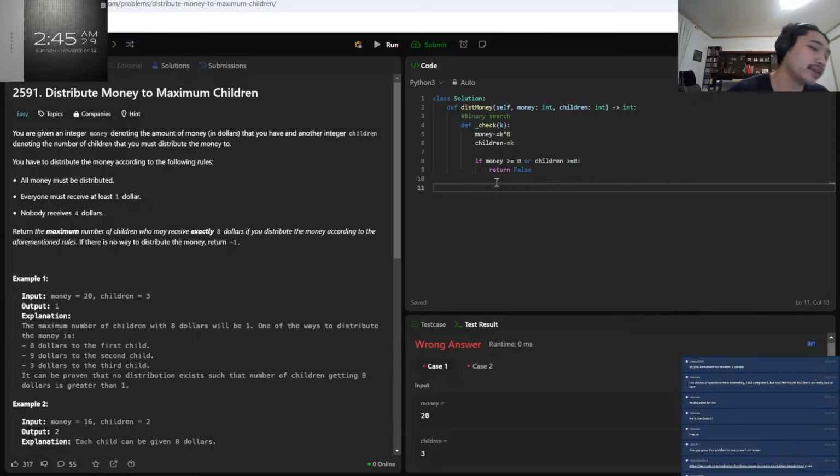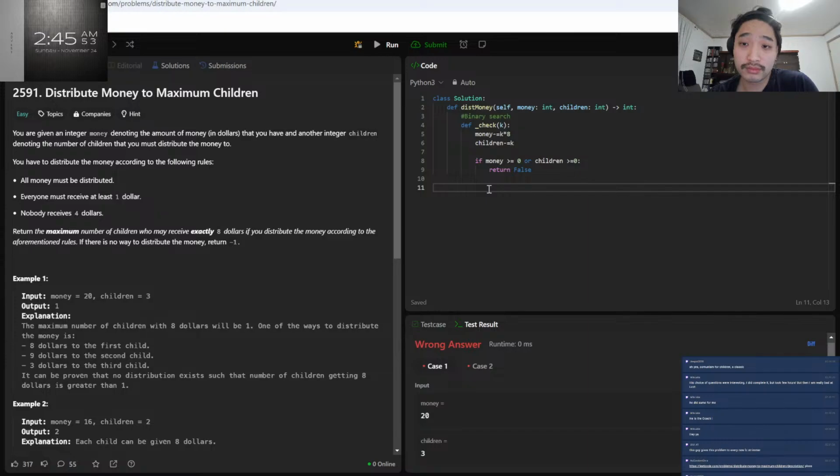And just to say, there's absolutely no reason for me to do it in binary search. I don't think it's necessarily faster than brute force, depending on the brute force way. My goal for this stream was to learn binary search. I haven't started on binary search yet, so it's nice to be able to do it that way.